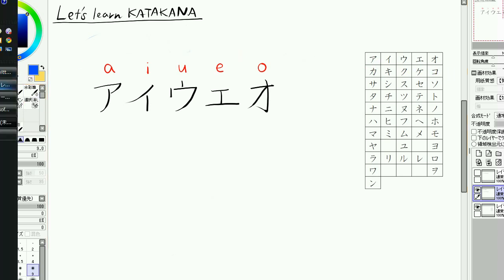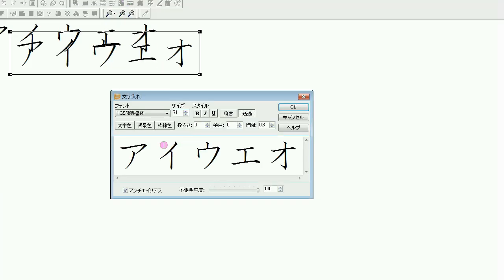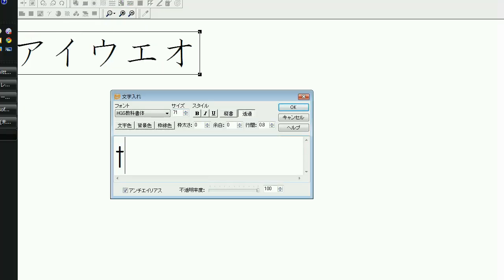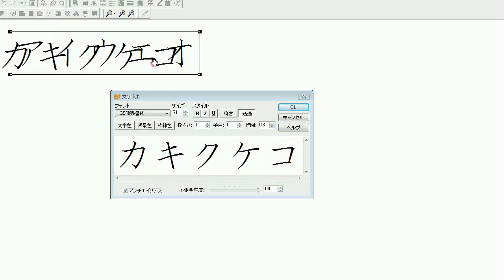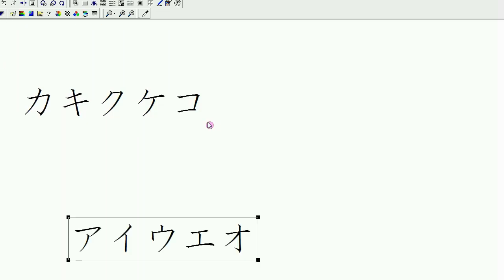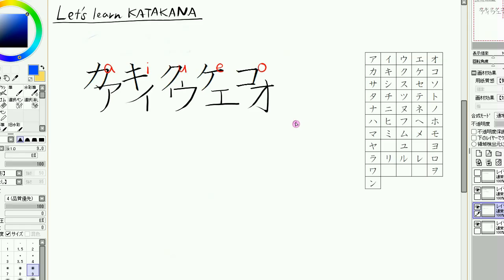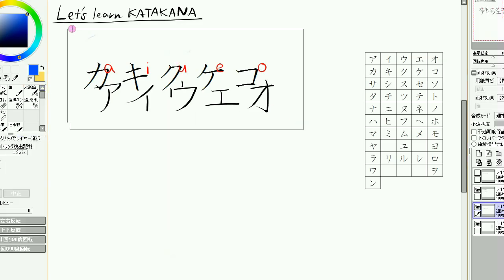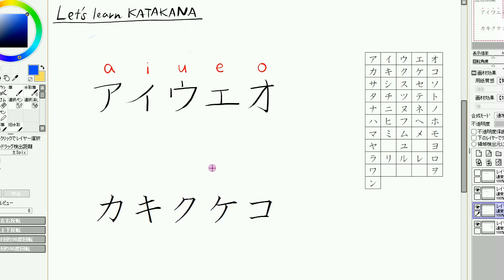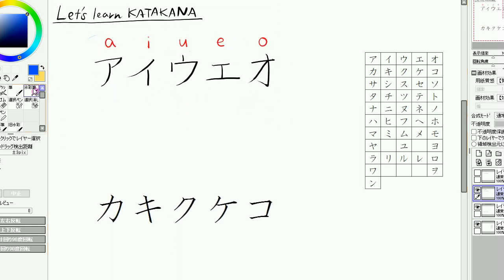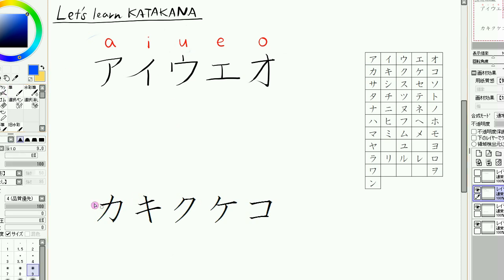Yeah, let me type them. Okay, let's move this one. I'm gonna write these 5. Okay, first one is from left. Oops, it's blue.